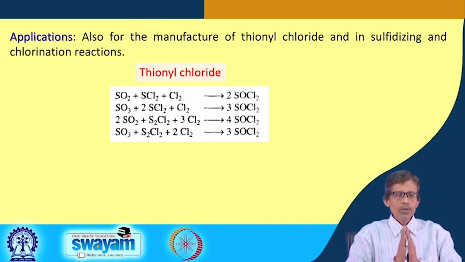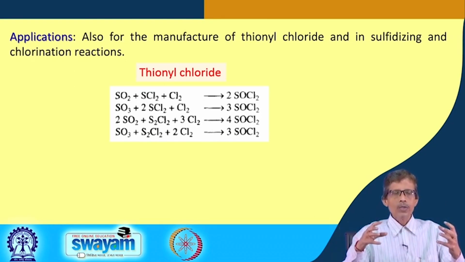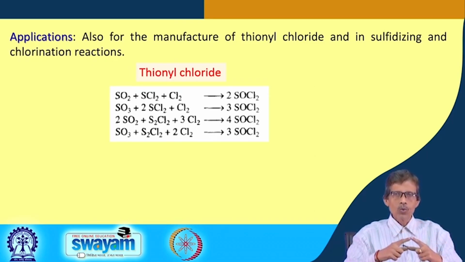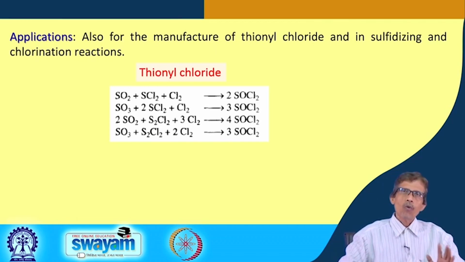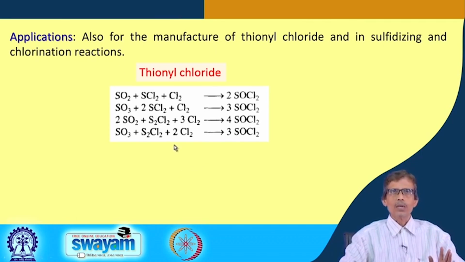So, on one end you should have the oxygen donor molecule available, and on the other end the Cl2, that means the source of chlorine. So, reaction of these two along with your SCl2 or S2Cl2 will give you 4 different ways of making thionyl chloride. So, sulfur dioxide plus SCl2 in presence of chlorine will give you 2 molecules of thionyl chloride.